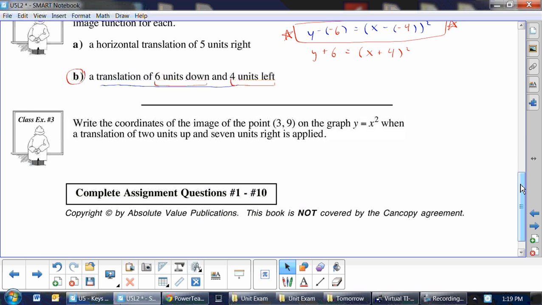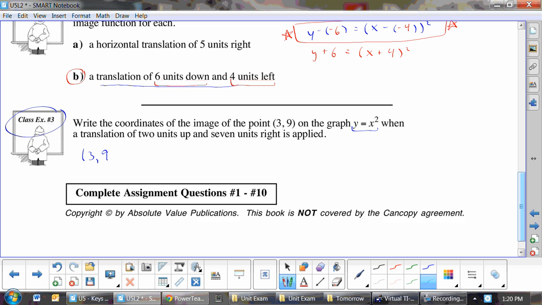So, we'll go down to number 3. It says, on our graph, y is equal to x squared, we have 2 points, 3 and 9. And then it says we have a translation of 2 units up and 7 units to the right. All they're asking is where these points have moved to.